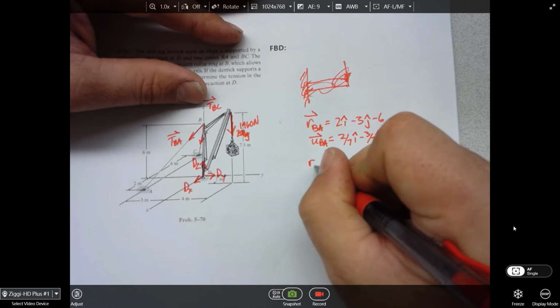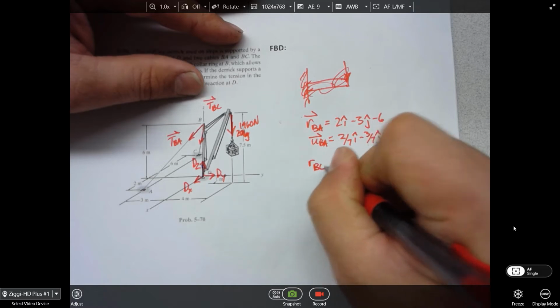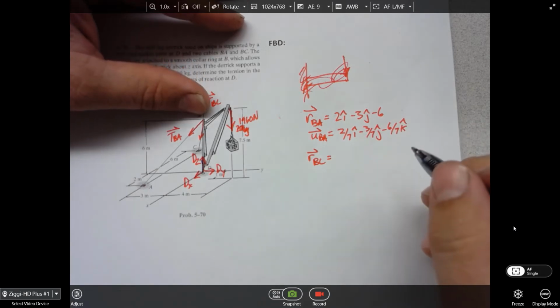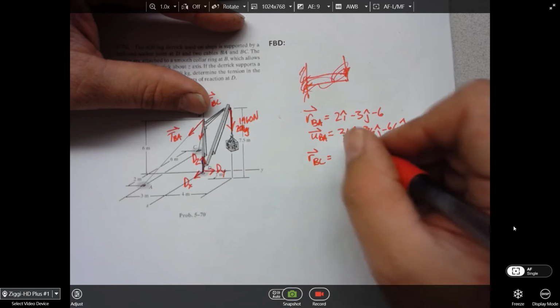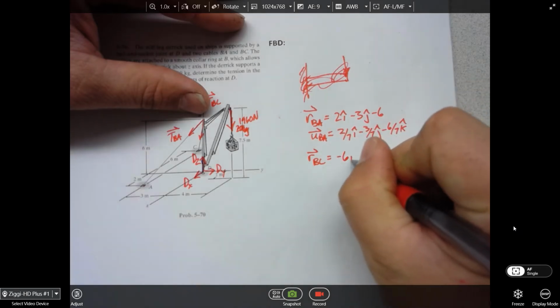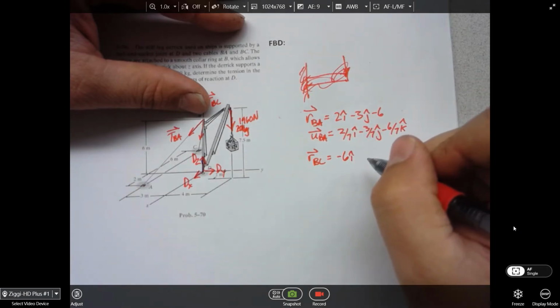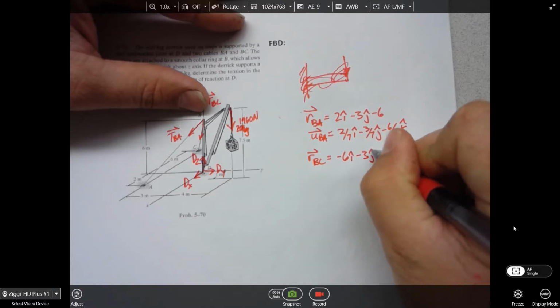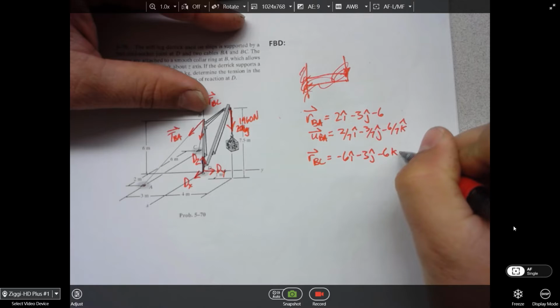Then we'll do similar for RBC, which would be in the I hat direction, looks like negative 6 I hat. And in the J hat direction, negative 3 J hat. And negative 6 k hat.